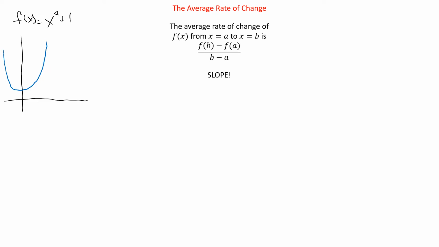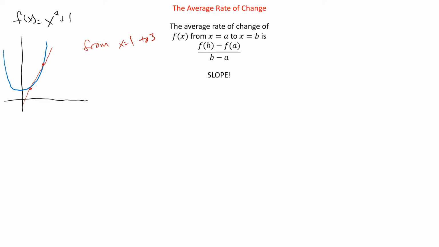And then if we wanted to find, say, the average rate of change from x equals 1 to 3, that would be this point and this point. We're going to be finding the slope of that line. That line is called a secant line. A secant line, not the trig form of secant, although that's actually where that name comes from, but a secant line is a line that touches a curve in two places, or at least two places. So this is a secant line because it touches it in two places.